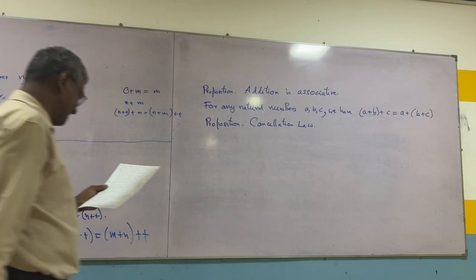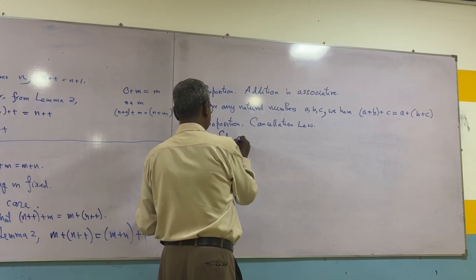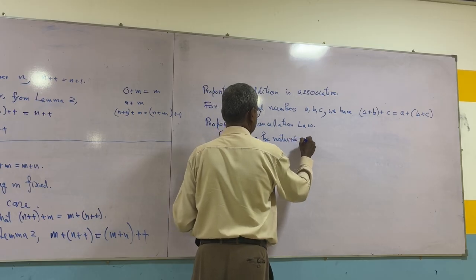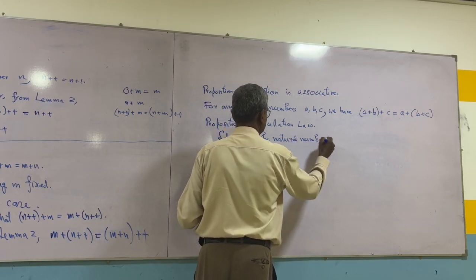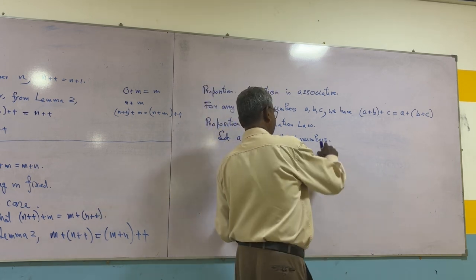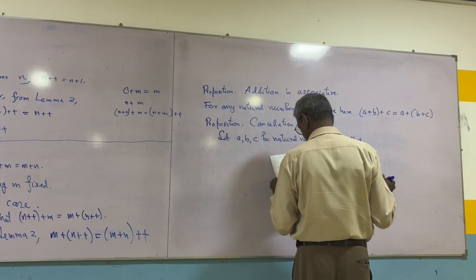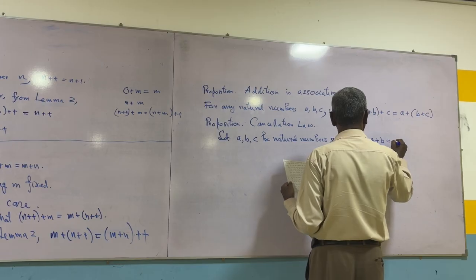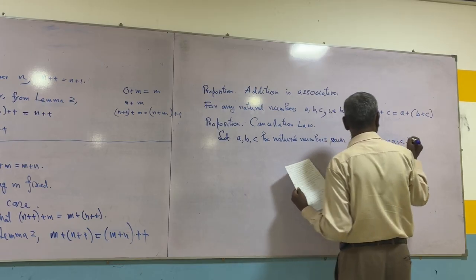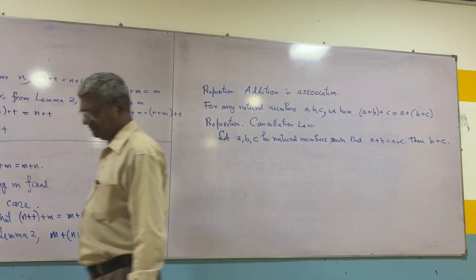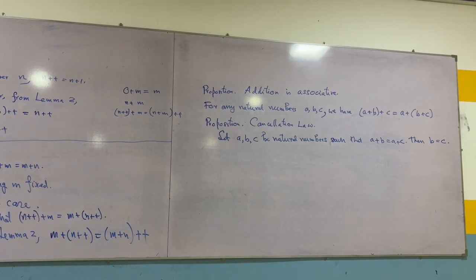But anyway, let a, b, c be natural numbers such that a plus b is equal to a plus c. Then b is equal to c.